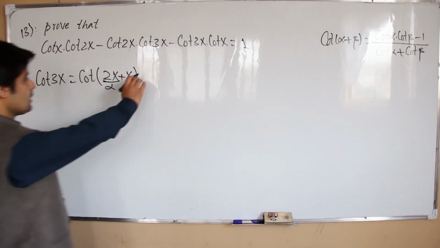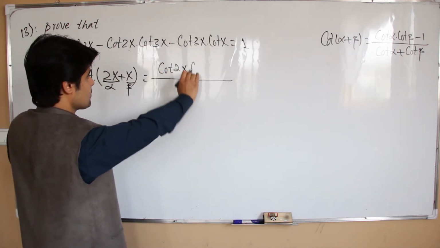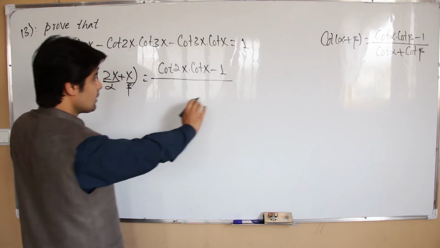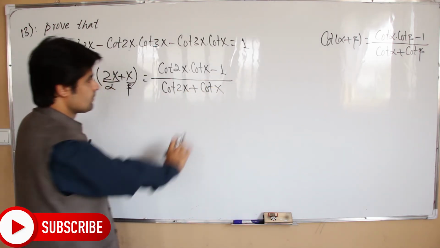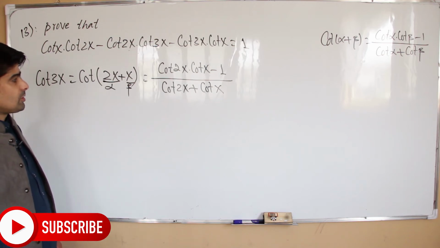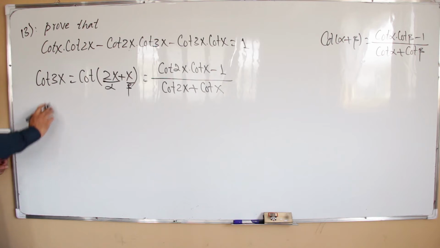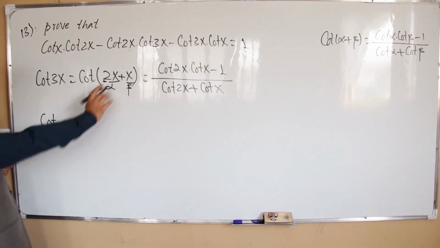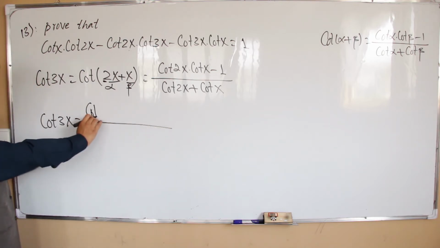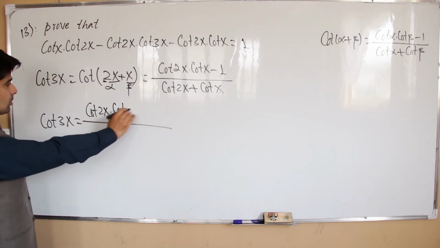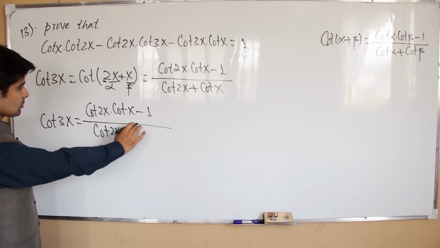So in here, can I write cotangent of 3x, this 2x plus x, equal to cotangent of 2x times cotangent of x minus 1 divided by cotangent of 2x plus cotangent of x? Yes, if alpha is 2x and beta is x.